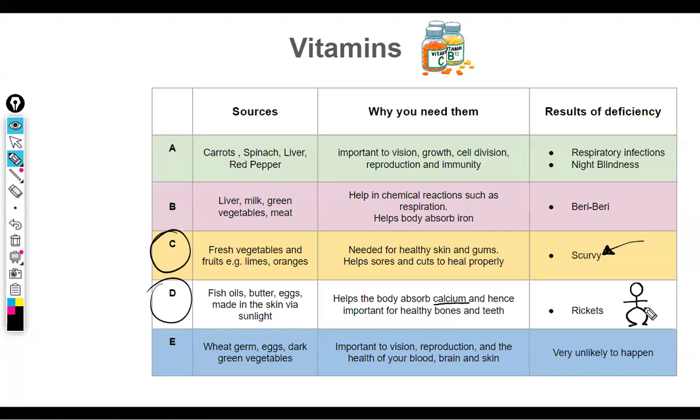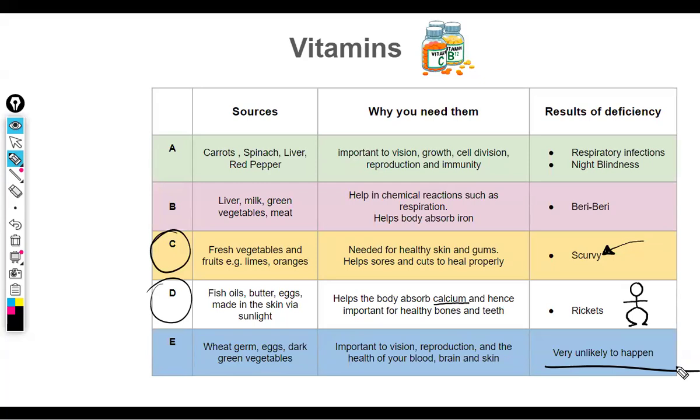All right. And vitamin E, well, nothing too much here. You get vitamin E from eating these things here, right? You get it from almost anything, so it's very unlikely that a person will have any vitamin E deficiency.